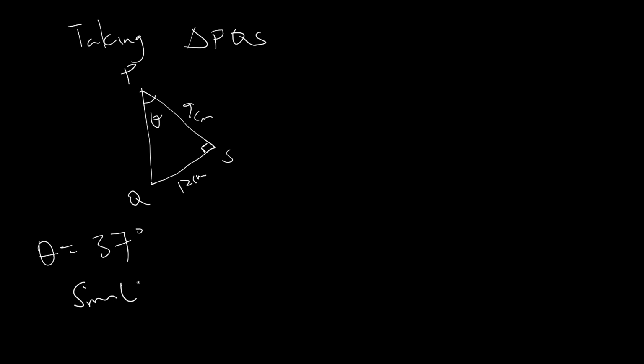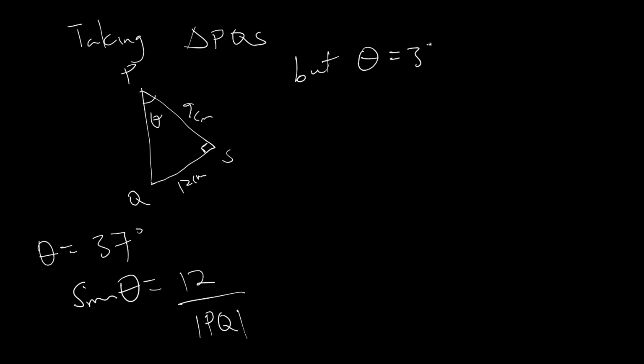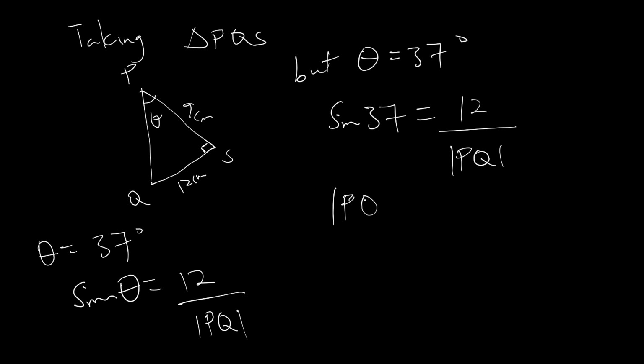So to find line PQ, we can say sine theta is equal to the opposite, 12, over the hypotenuse, which is line PQ. But we know theta is equal to 37 degrees. So sine 37 will be equal to 12 over line PQ. So line PQ will be equal to 12 over sine 37.